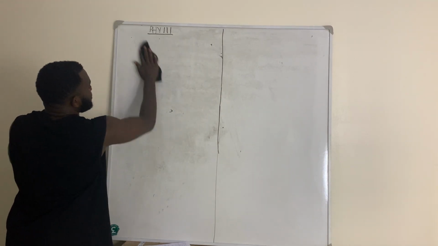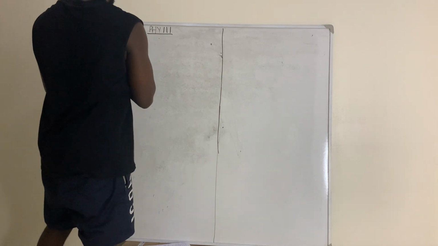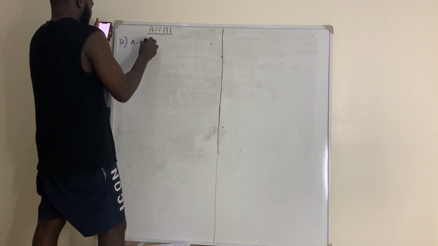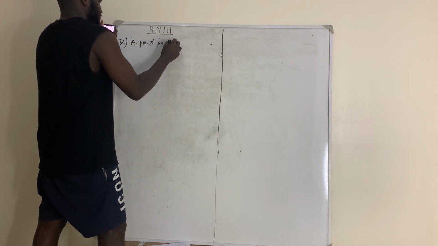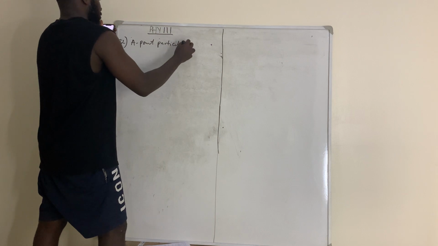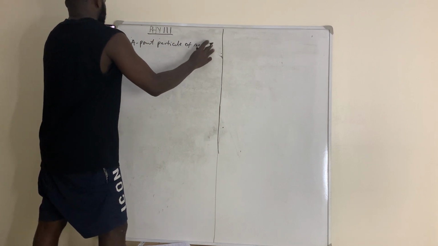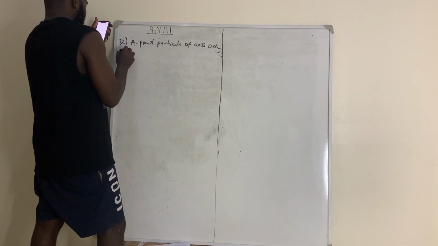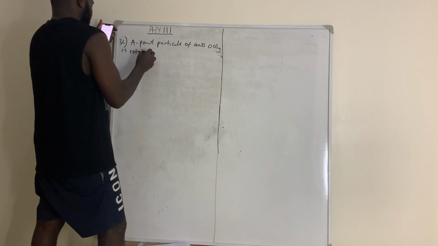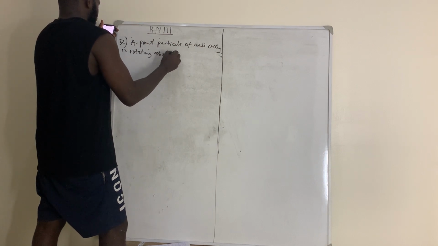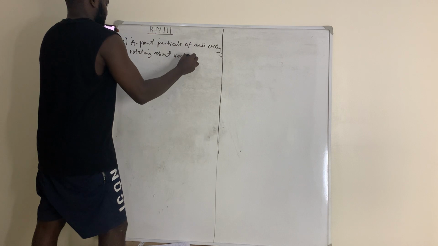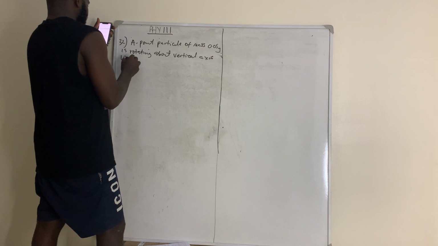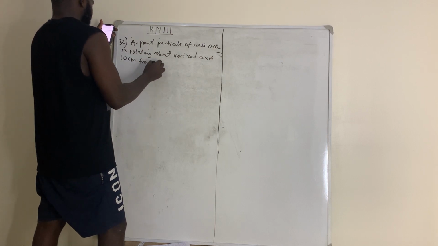Question number 32 said: a particle of mass 0.05 gram is rotating about a vertical axis, 10 cm from it.